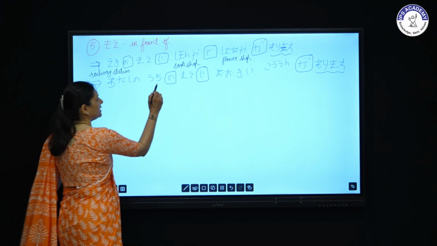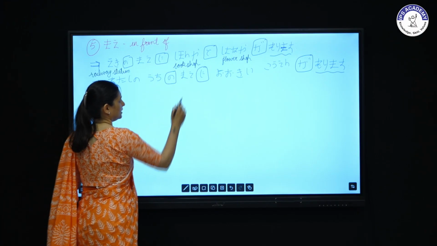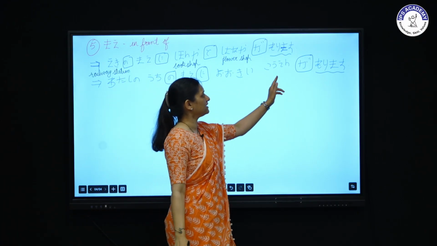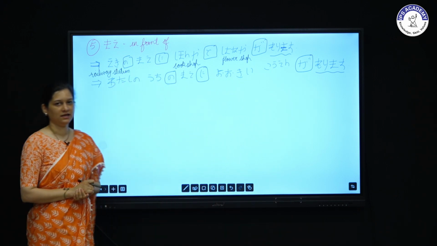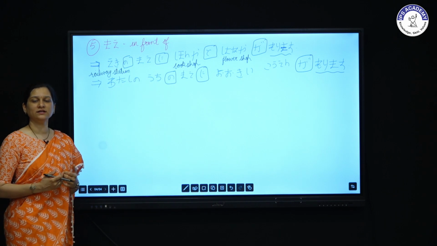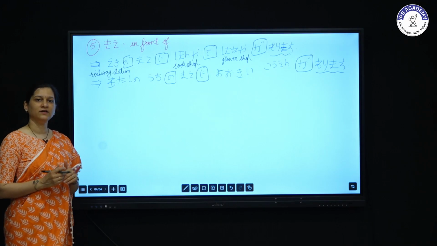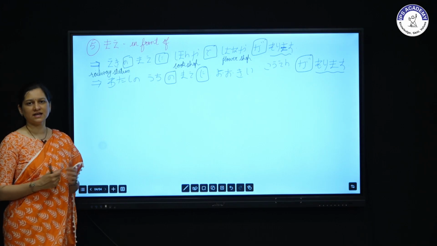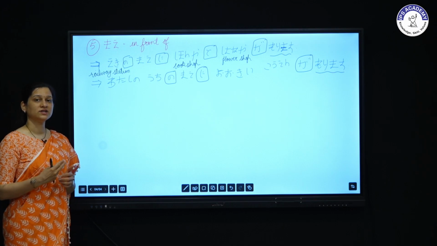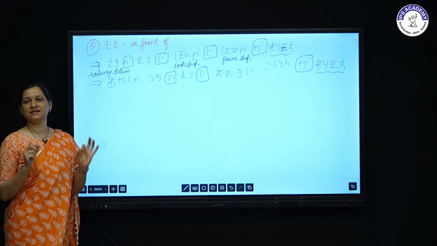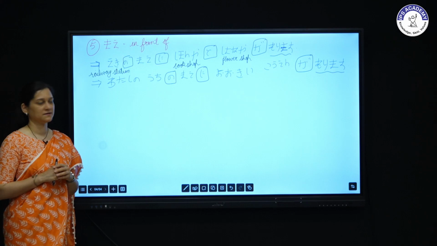So, मेरे घर के सामने बड़ा public garden है. Literal translation in Hindi. We have an advantage that Hindi is our mother tongue or our national language, isn't it? It helps us in constructing grammatically correct sentences in Japanese.